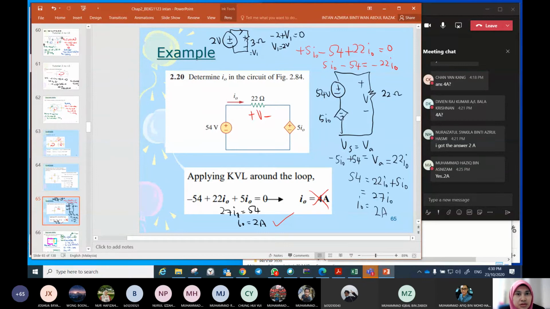And we know that the terminal is the same, minus and positive, minus and positive. Imagine that you take a multimeter and you put the positive probe here, the negative probe here, and you will get 2 volts. Okay, can understand?